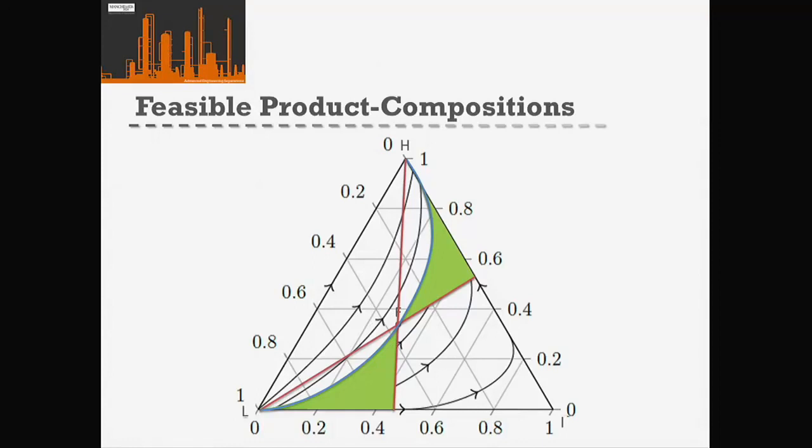And if you think about, if we pick any distillate composition in this region, we can always draw a straight line that passes through our feed and goes to the same residue curve. Okay? But if we're outside these two green regions, it's actually impossible to draw a straight line that passes through the feed, and also both ends lie on the same residue curve.